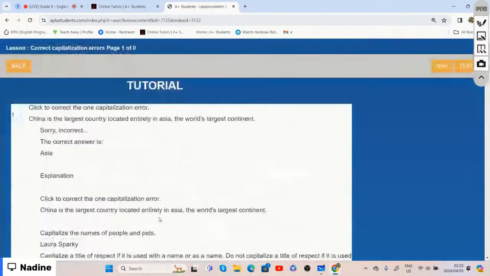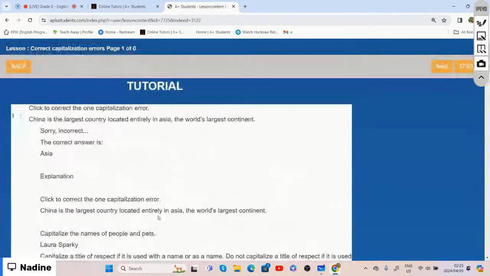So now we're going to correct capitalization errors. We're going to read a sentence and then correct the errors that need capitalization. If there's a word that needs to be capitalized, then we fix it by writing it with a capital letter.